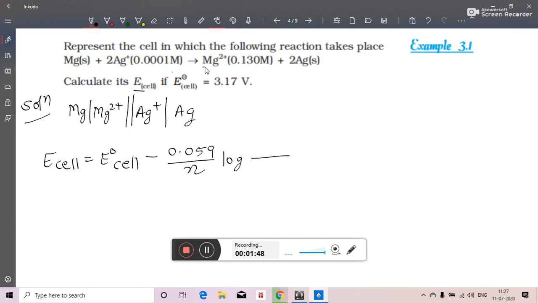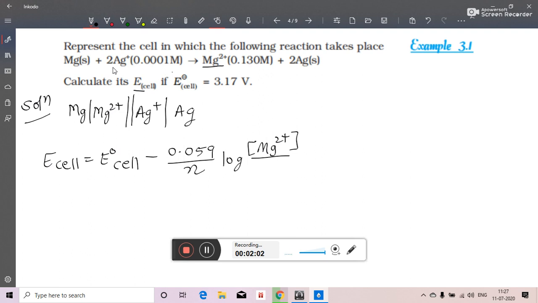On the right hand side we have Mg2+, so in the square bracket we will write Mg2+, and the coefficient of Mg2+ is 1, so in the power there will be 1.